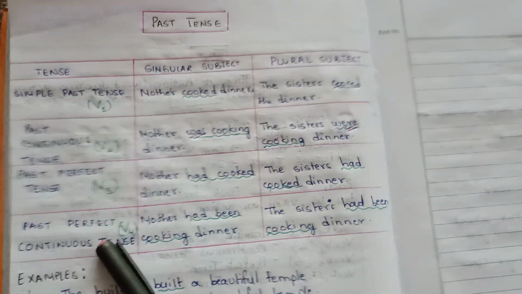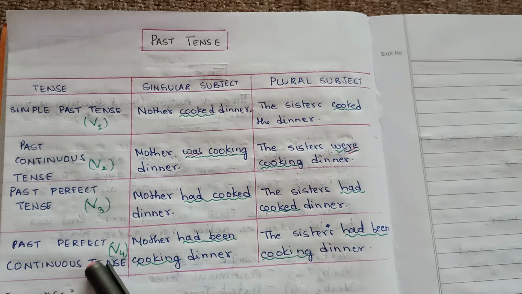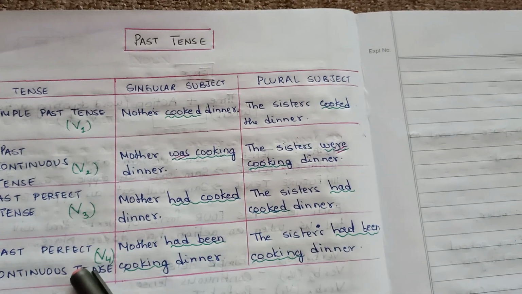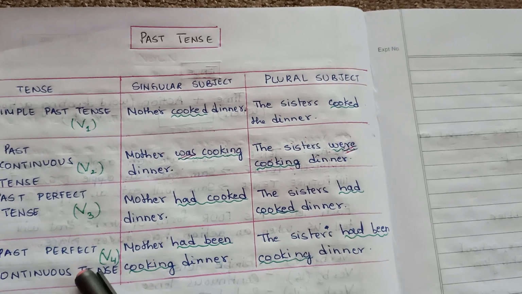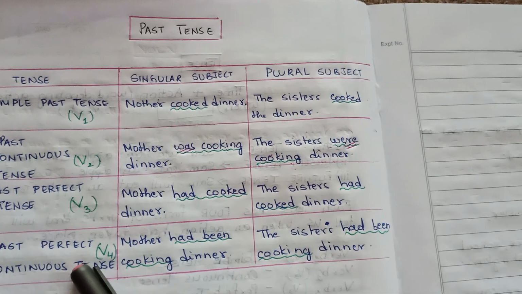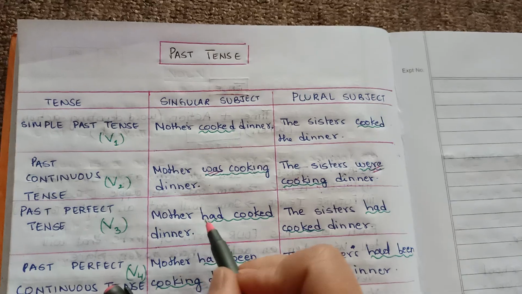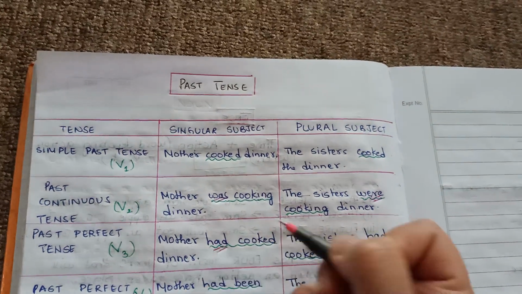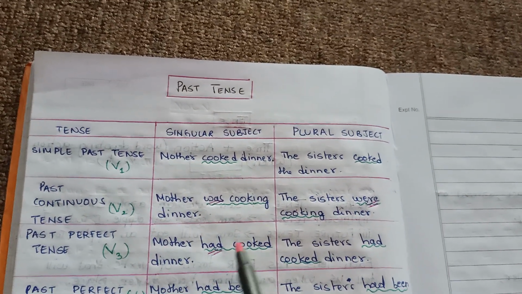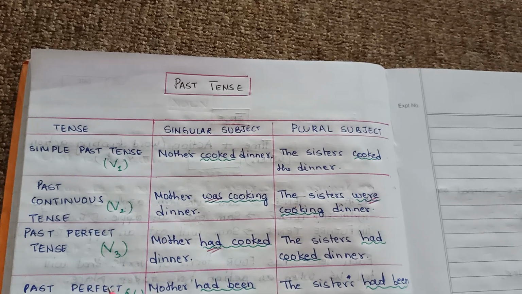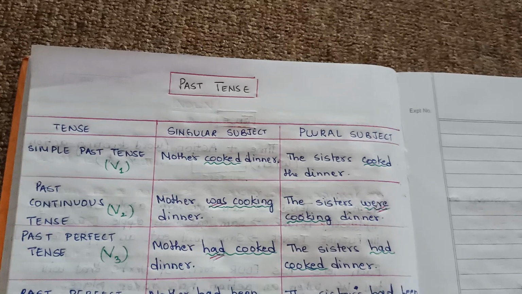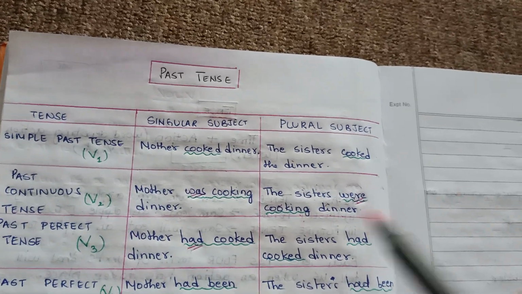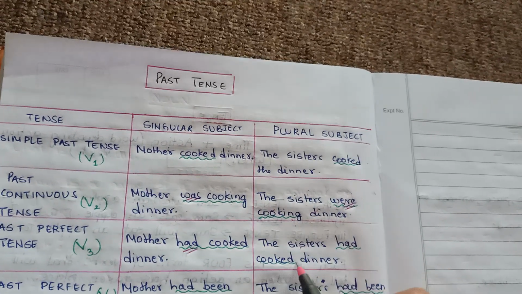Now let's go to our past perfect tense. Again our subject is mother had cooked dinner. So our helping verb had tells us that our action is in the past perfect tense. Mother had cooked dinner for a long period of time, but it is now completed. And here, the sisters had cooked dinner.